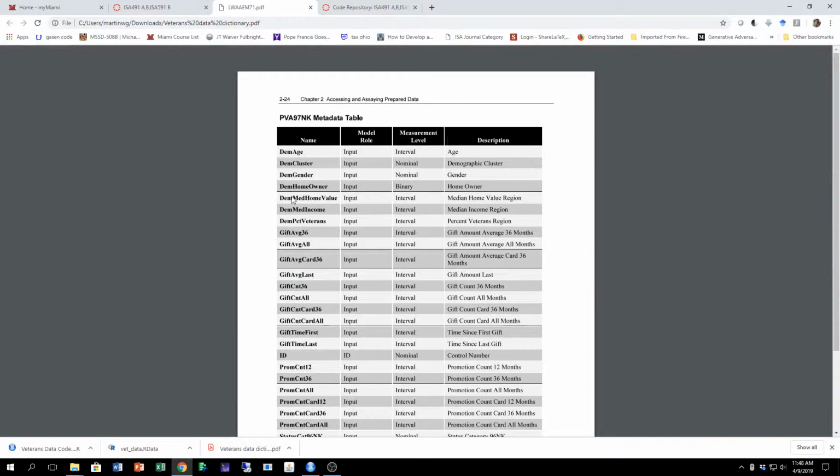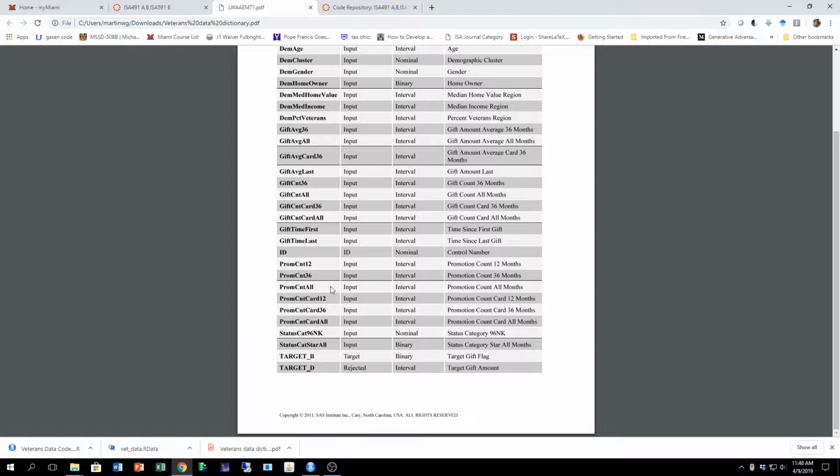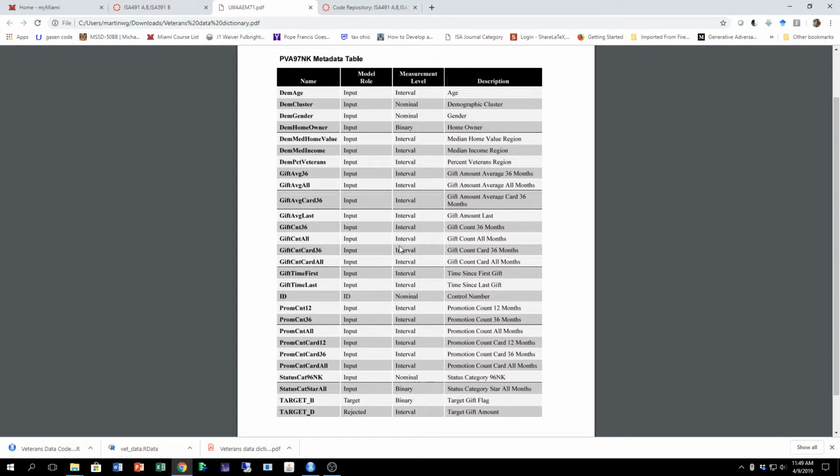Just to remind you of what the data looks like, you have a lot of predictive variables trying to predict whether somebody will donate money for paralyzed veterans. You have information about a past campaign and whether those particular donors actually donated in the past.